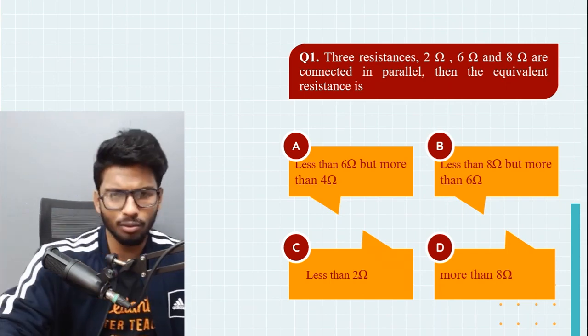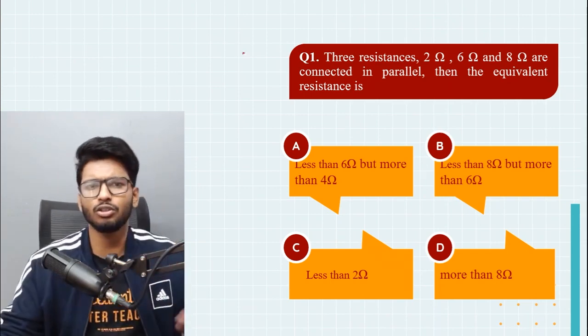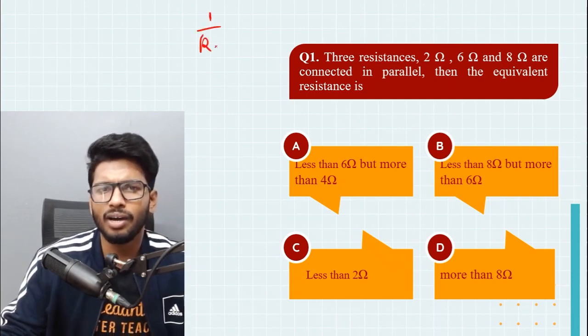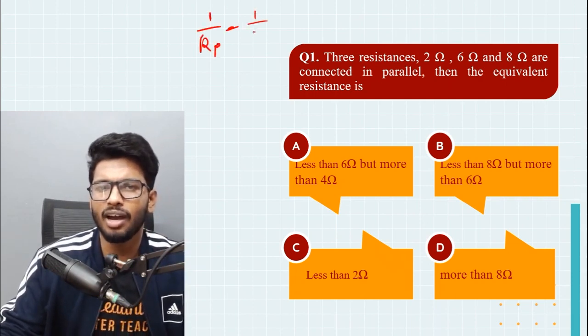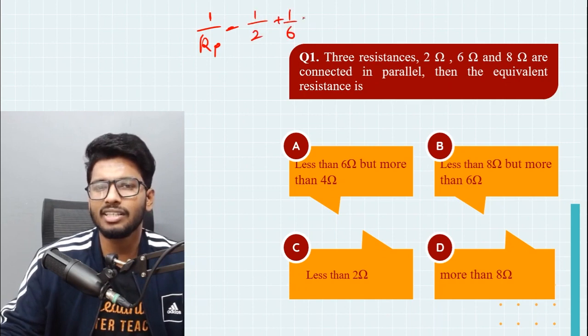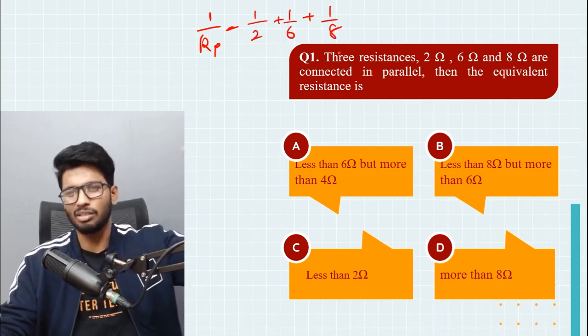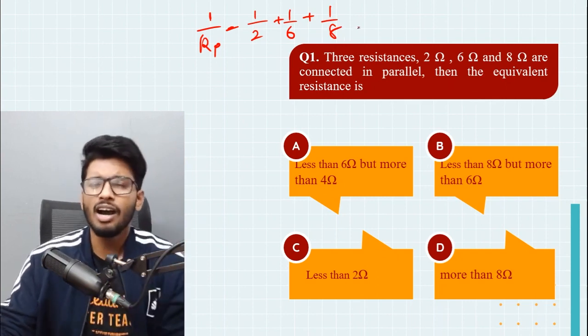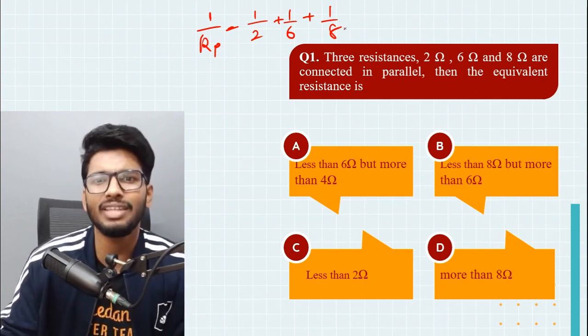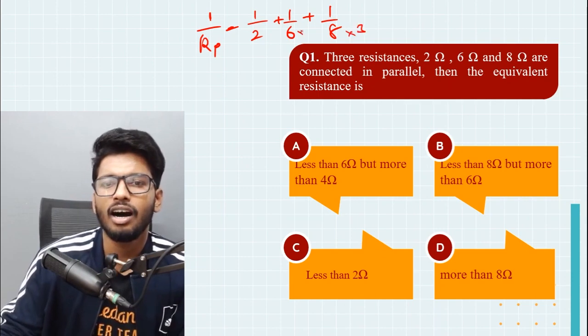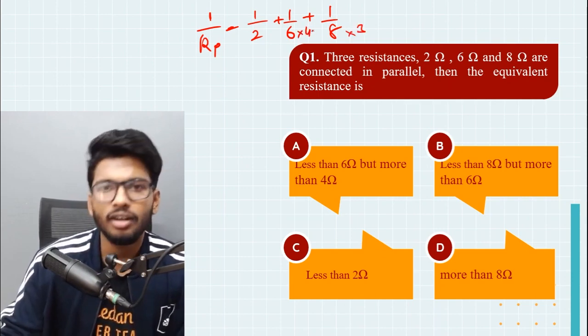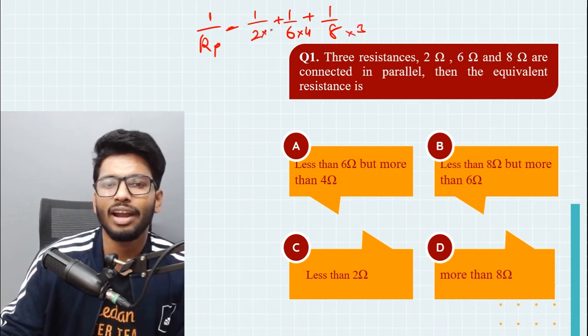Now let's try to do the numerical part of it. All right, let's solve this. We know that 1/Rp, the equivalent resistance, is equal to 1/R1, which is 1/2, plus 1/R2, which is 1/6, plus 1/R3, which is 1/8. Now find the LCM over here. I believe 24 will be the LCM. 8 into 3, 6 into 4, and 2 into 12.